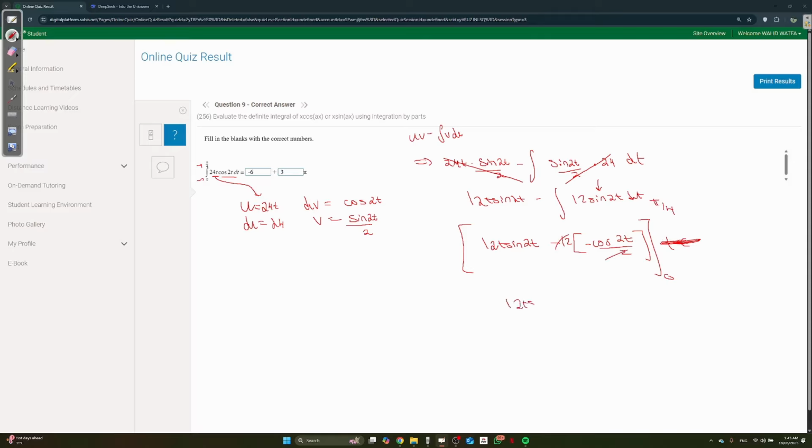So you have 12t sine 2t plus 6 cosine 2t from 0 till pi over 4. Okay, so 12 sine 2 times pi over 4 plus 6 cosine 2 times pi over 4 minus open bracket 12t sine 2 times 0 plus 6 cosine 2 times 0.